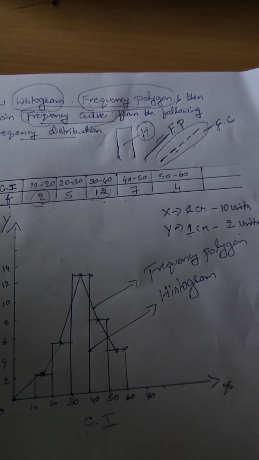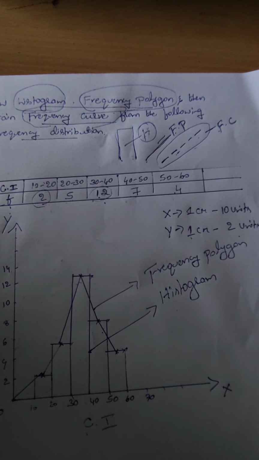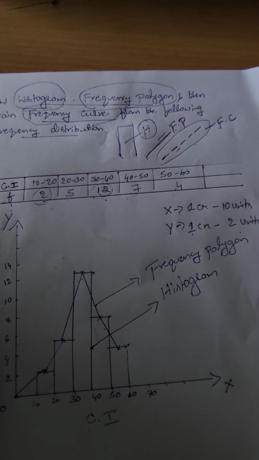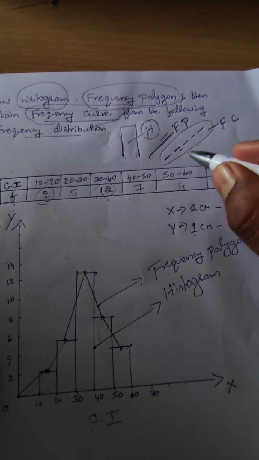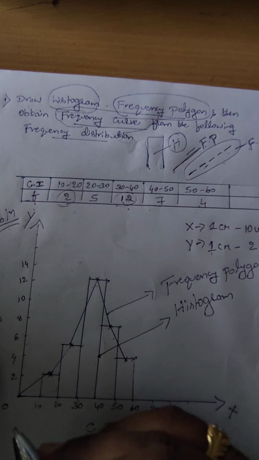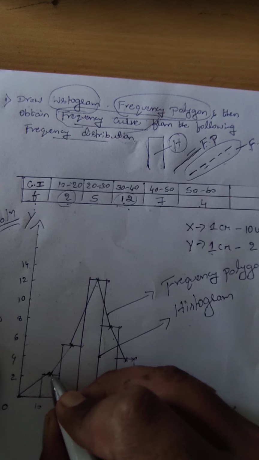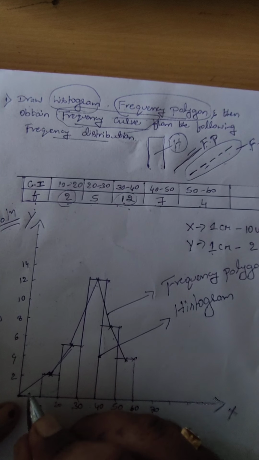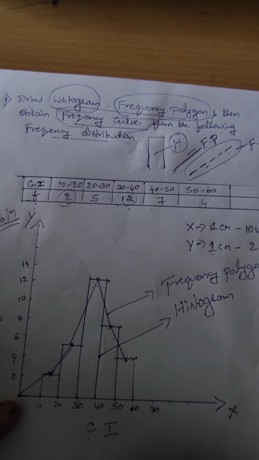Next, we identify the frequency curve. The frequency curve is a smooth, freehand curve. We draw it with dotted lines. After identifying the frequency polygon, it is very easy to draw the frequency curve.